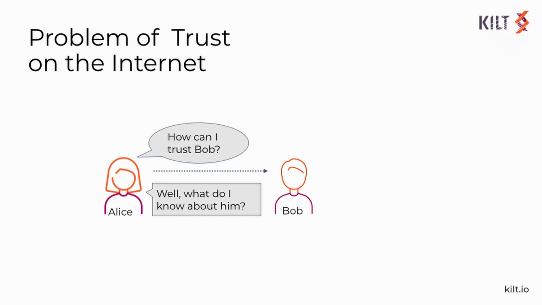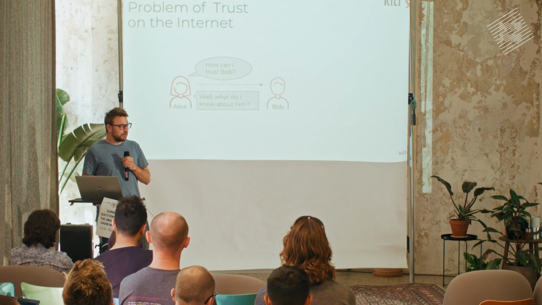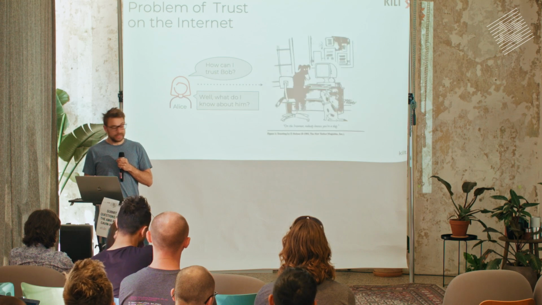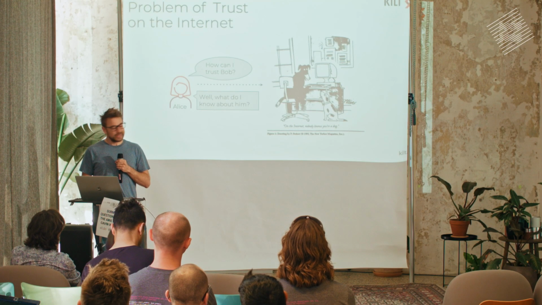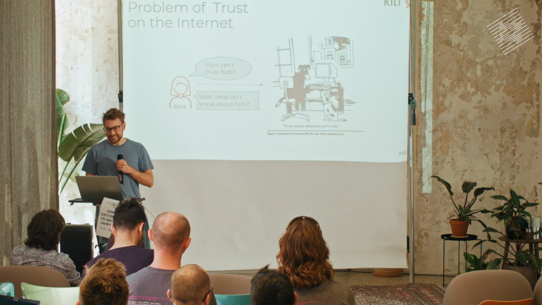The internet currently does not have a good solution to describe identities on the protocol level in a trusted way. I can simply illustrate this with the picture that you all know: you can be a dog on the internet if you want to, or a dog can be anyone on the internet.